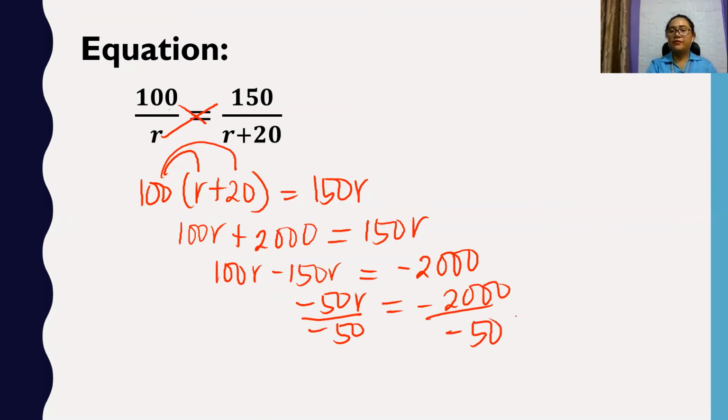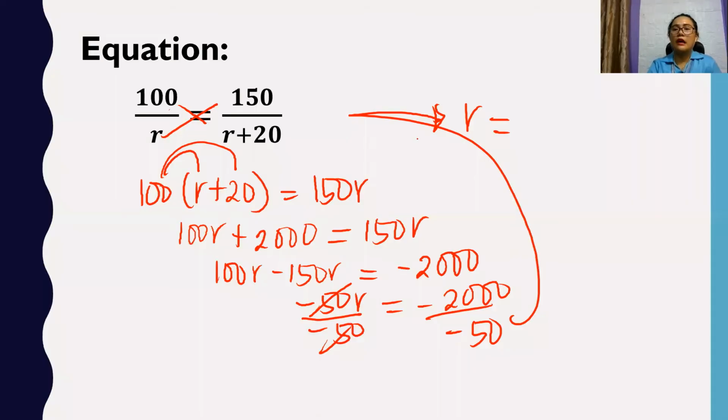We have negative 50. Your R now is equal to negative 2,000 divided by negative 50. That would give you 40. Since this is the rate, therefore, 40 kilometers per hour siya.